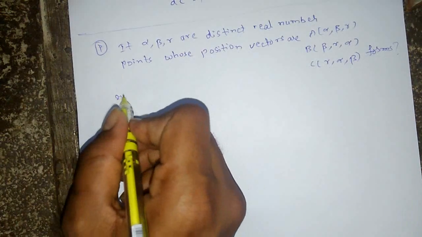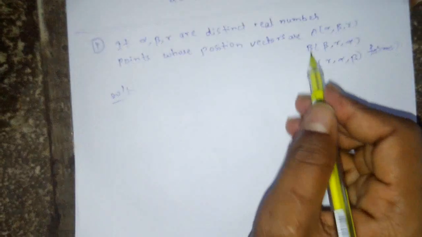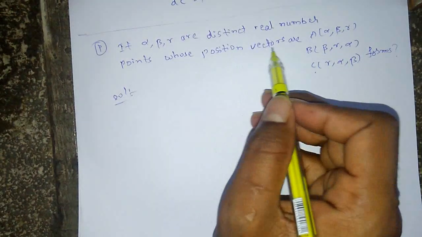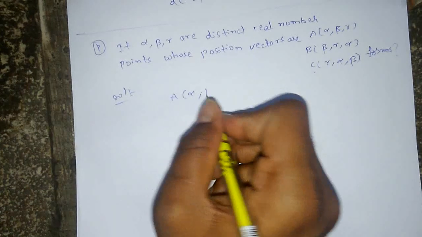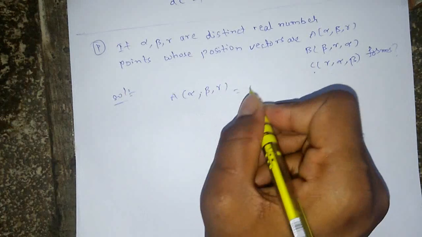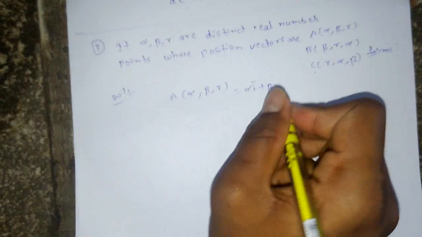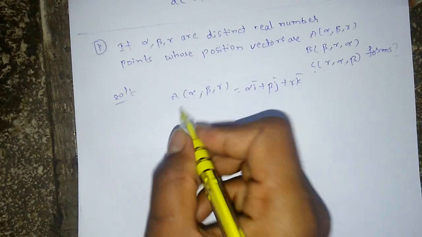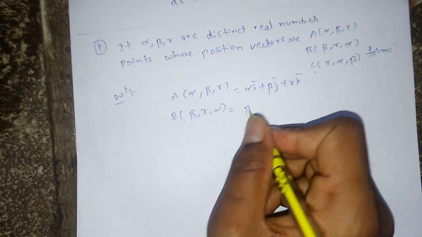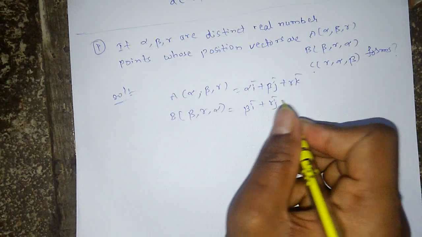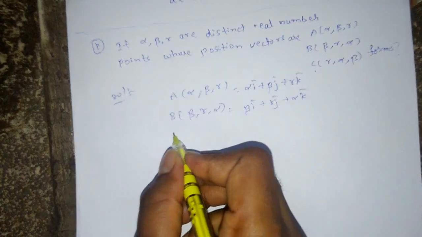So here 3 points A, B, C are given. Their position vectors are given. So A bar is alpha beta gamma, which is alpha I bar plus beta j bar plus gamma k bar. B is beta gamma alpha, that is beta I bar plus gamma j bar plus alpha k bar.